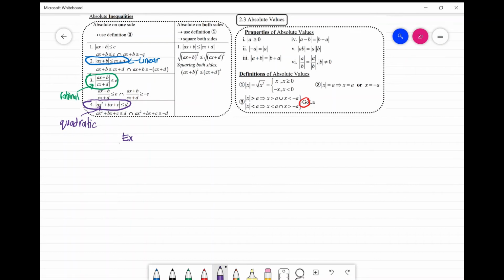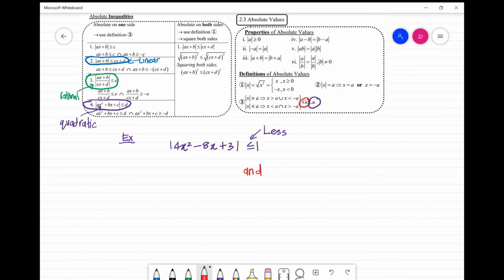If you have absolute value of 4x squared minus 8x plus 3 less than or equal to 1. Please observe the inequality sign in this example. It's a less than sign, so which means we are going to use this definition, so we are going to have the word and in between.